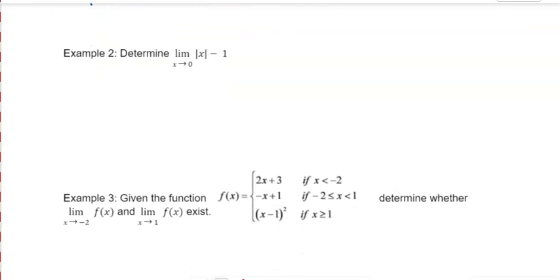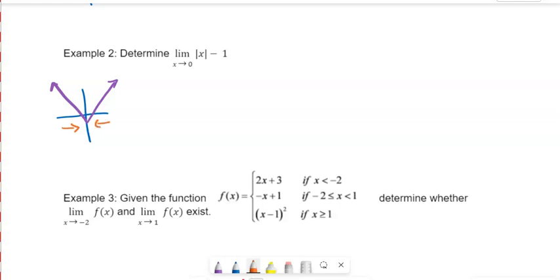Example 2. Okay, so in this case, we can draw our graph again. We have the absolute value function, and it's been moved down 1. So in this case, we can approach this from the left and the right. So we're going to have to evaluate both options. So we'll start with our left-hand limit.